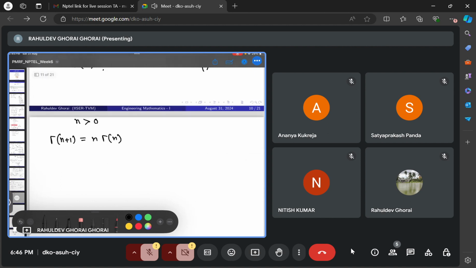If n is less than 0 but n is not equal to 0, minus 1, minus 2, and so on, then gamma at n will be 1 by n times gamma n plus 1. You can evaluate using this formula.